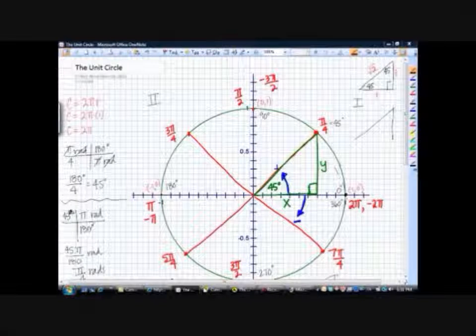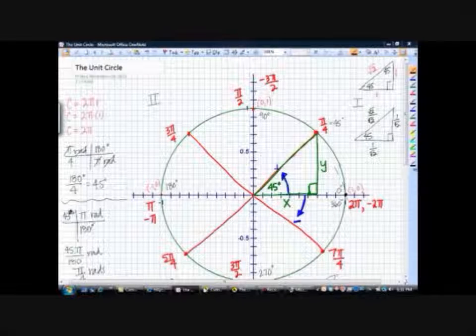For that reason, we have to adjust our special triangle here. Since the radius is 1 and this hypotenuse has to be 1, we have to take the square root of 2 and divide it by square root of 2 to make it equal 1. Since we do that to the hypotenuse, we also have to do that to both sides.